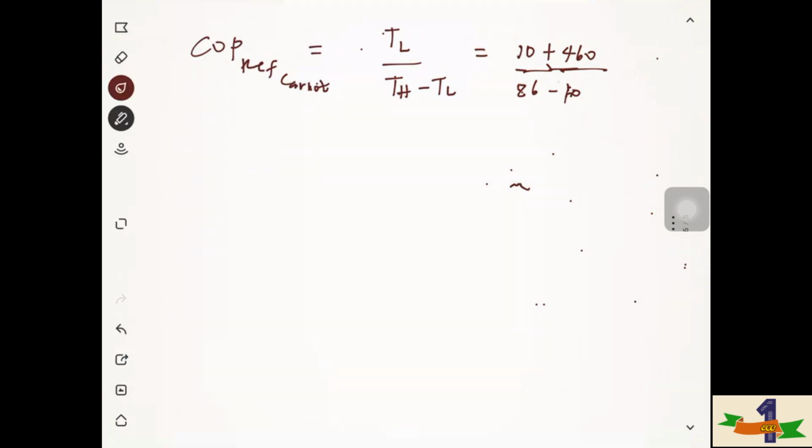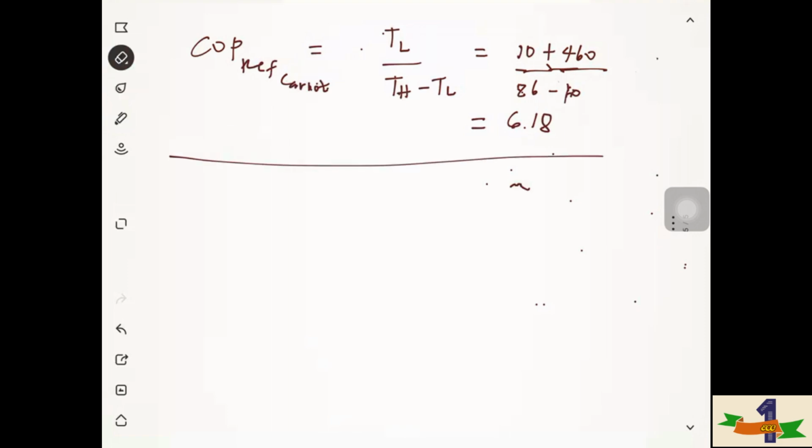So we will proceed to the computation of the coefficient of performance for our heat pump, considering the given temperatures, that is 86 and 50, 30, and 10.